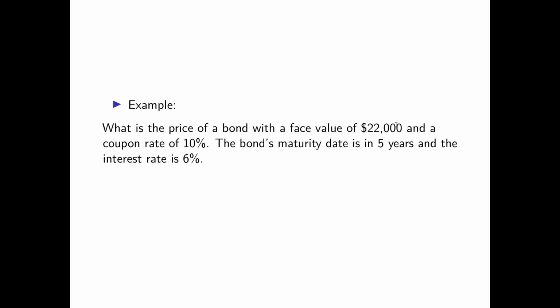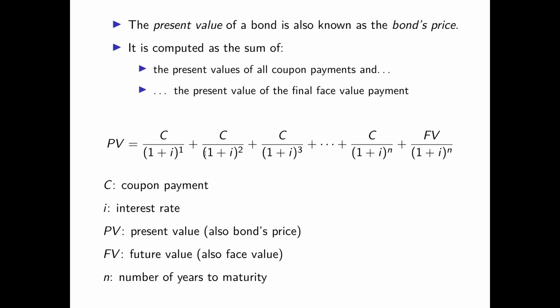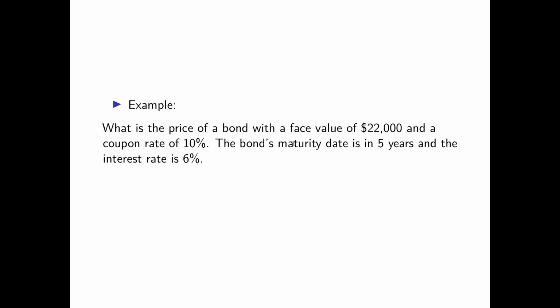This is what makes the coupon payments. So the coupon payments are going to be $2,200 for this bond. But the interest rate here is different. This interest rate is the rate we need to use in order to discount the future cash flows. That's the main difference.